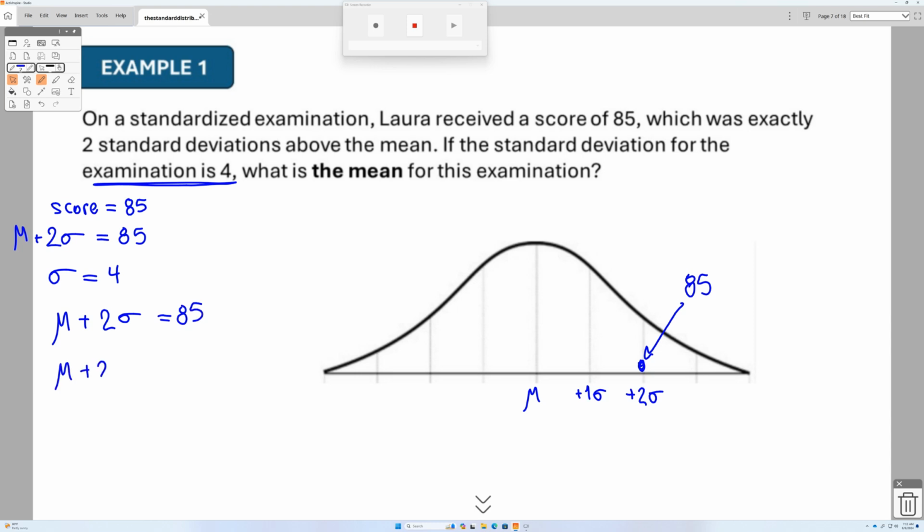Substituting the standard deviation by 4 and solving for the mean, the average score in the test is 77 points.